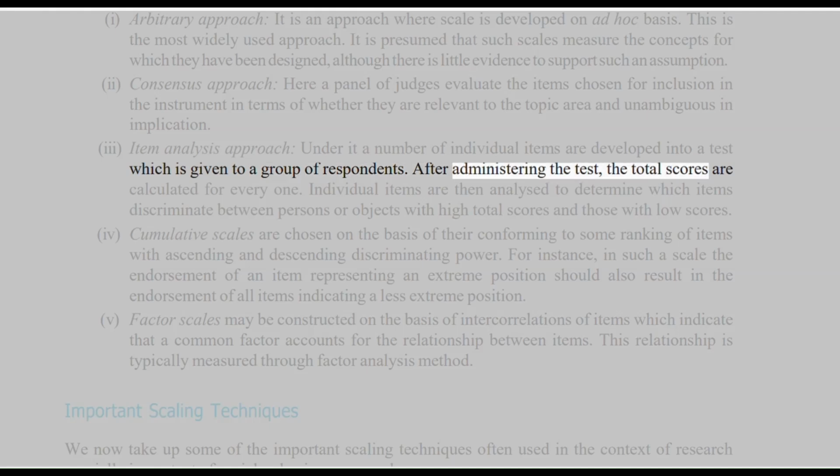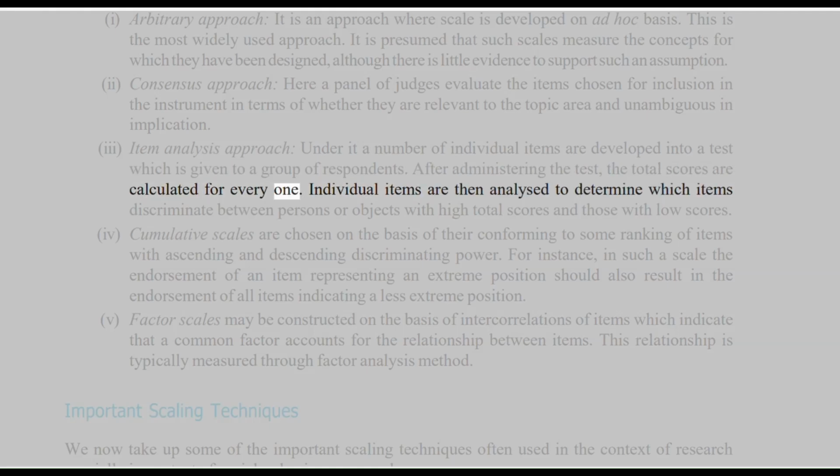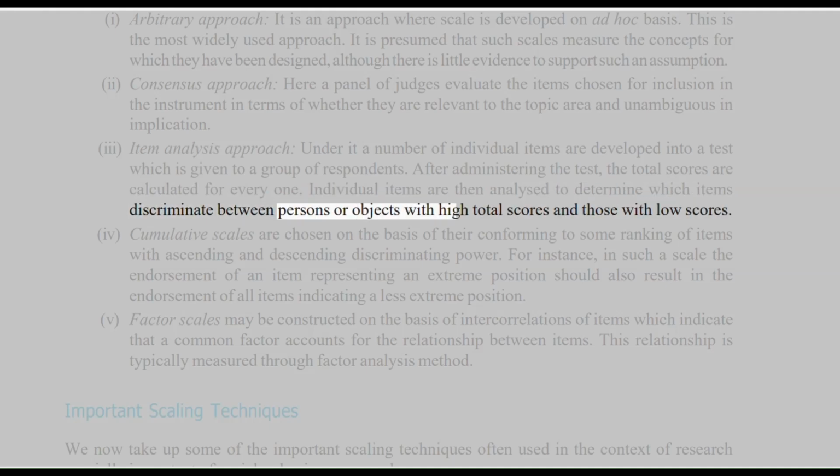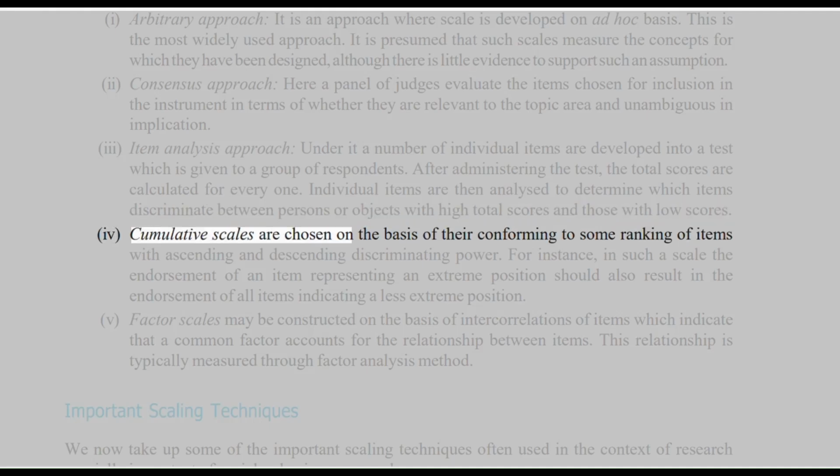After administering the test, the total scores are calculated for everyone. Individual items are then analyzed to determine which items discriminate between persons or objects with high total scores and those with low scores.